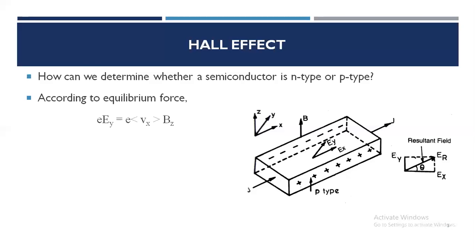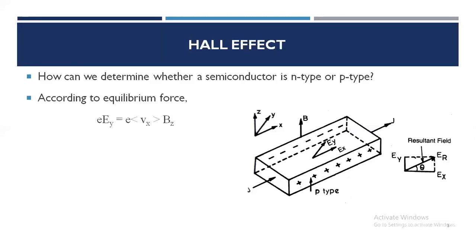Let us discuss the Hall effect for p-type material, assuming the carriers to be positive holes of charge e. This figure shows a slab of p-type material in which a current density J results from an applied electric field Ex.